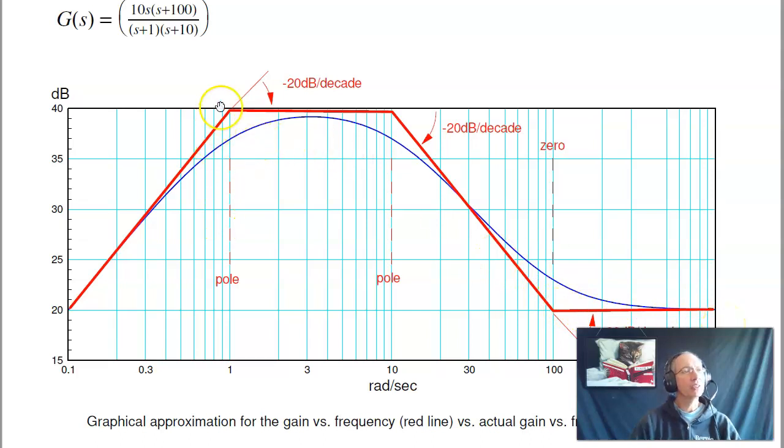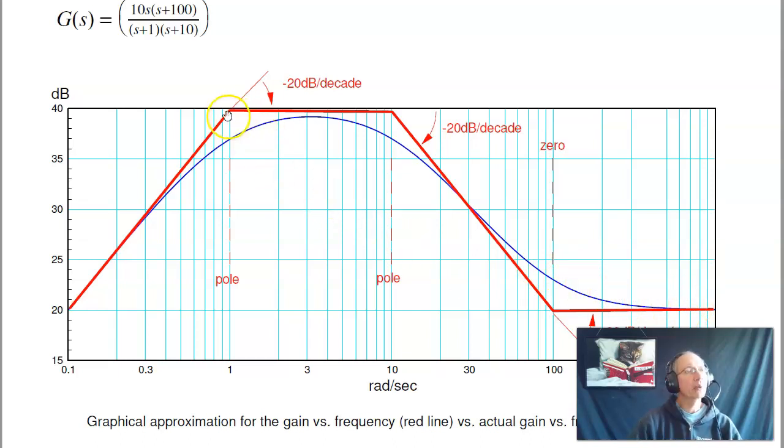And notice at the poles and the zeros, I have a corner. That's the origin of the term corner frequency. Sometimes the pole is called the corner frequency because when you draw the straight line asymptotes, I get a corner right there. The actual frequency response will just approach these asymptotes. I'll start on this asymptote, and then go to the second asymptote, go to the third asymptote, and wind up back at the fourth asymptote.